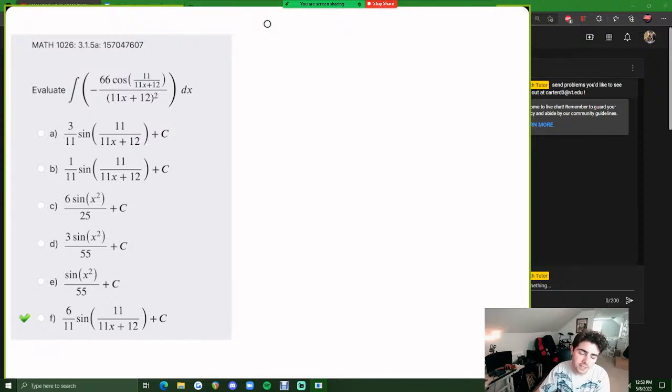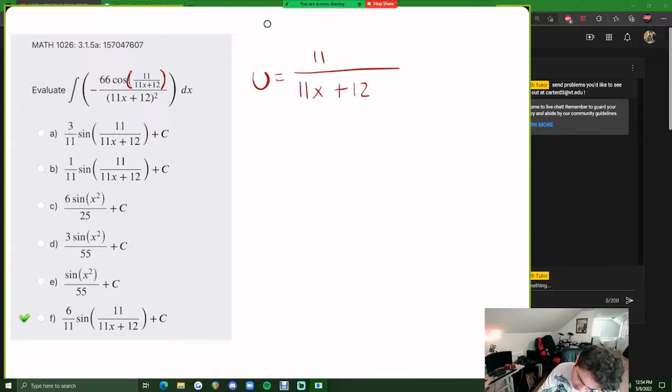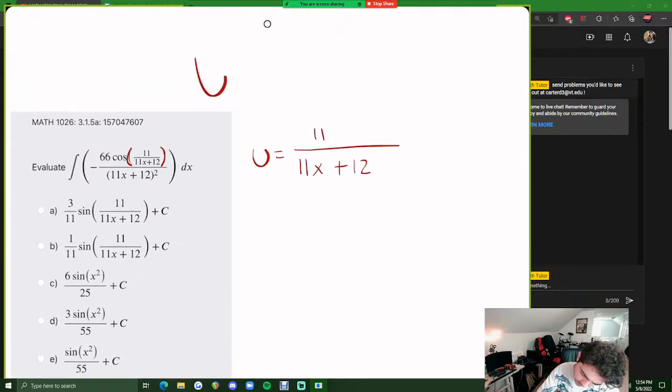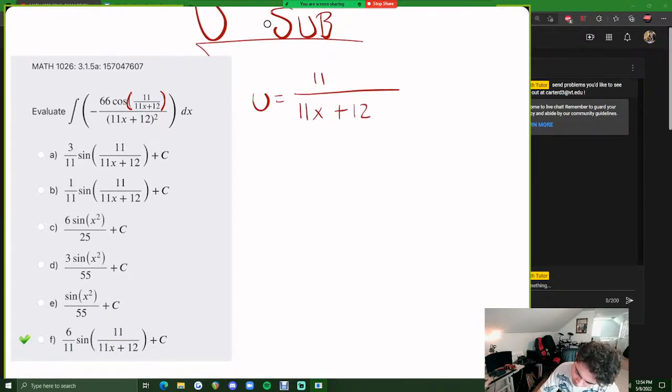And every time it'll be the cosine. It'll be the one that's really like a strict, distinct function that is acting upon this inside argument. So in this case, we identify our u. This will be a great u substitution problem to reference. So this is the u sub problem.